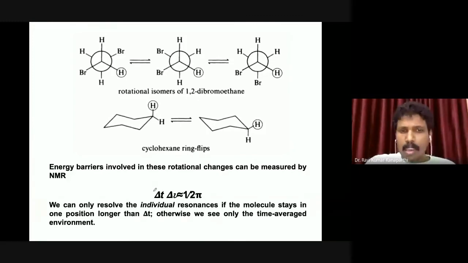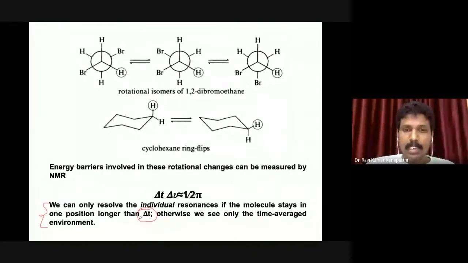Please remember that we can only resolve individual resonances if the molecule stays in a particular conformation slightly longer than delta T. Delta T is the lifetime. If a conformer stays for a longer time than the detection limit, it is possible to detect it. Otherwise, NMR cannot resolve it.